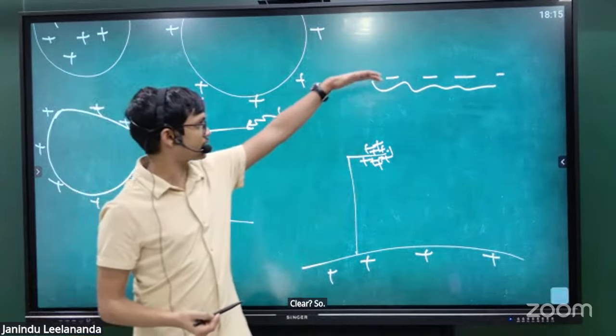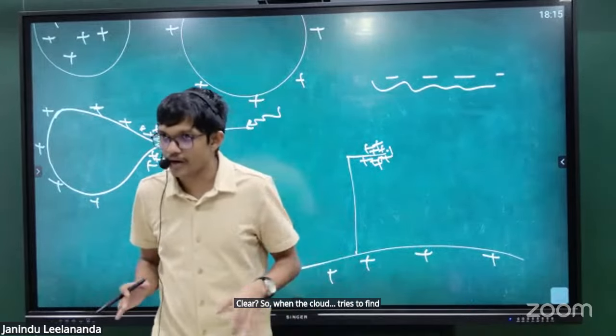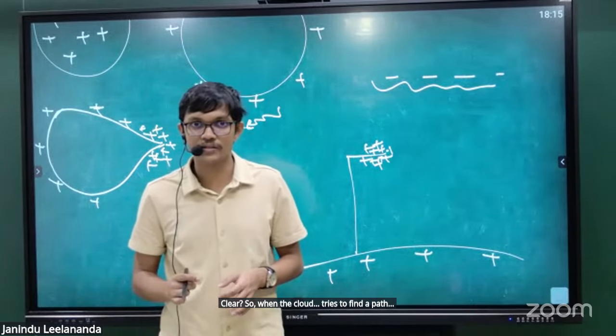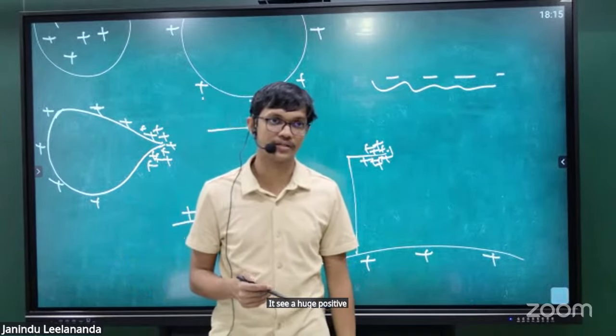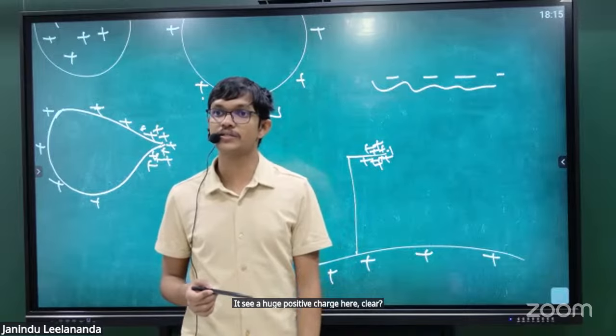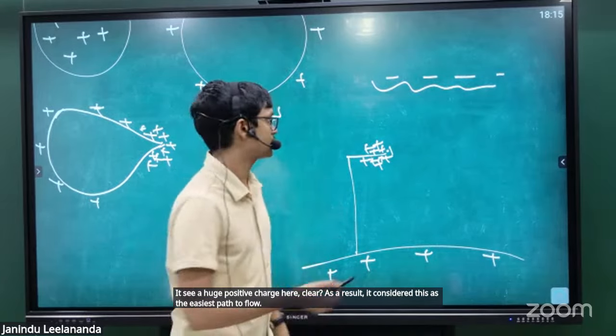So when the cloud tries to find a path to be neutral, it sees a huge positive charge here. As a result, it considers this as the easiest path to flow. So it strikes here.